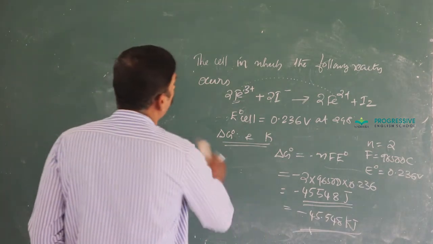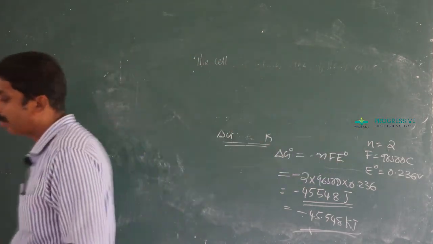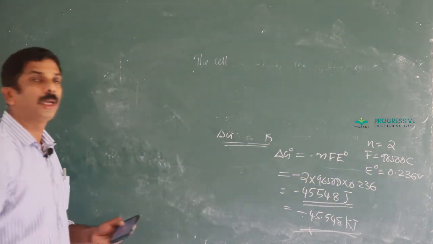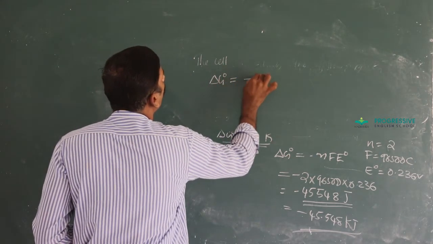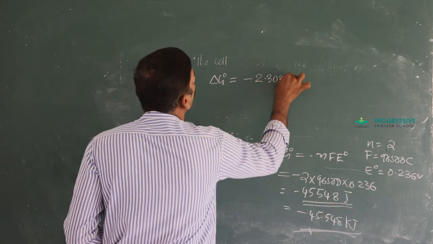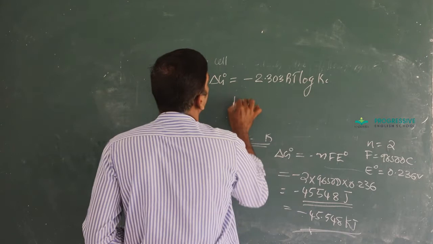Also, there is one more part. What is that? You have to calculate the equilibrium constant also. Delta G0 equal to minus 2.303 RT log K or Kc.